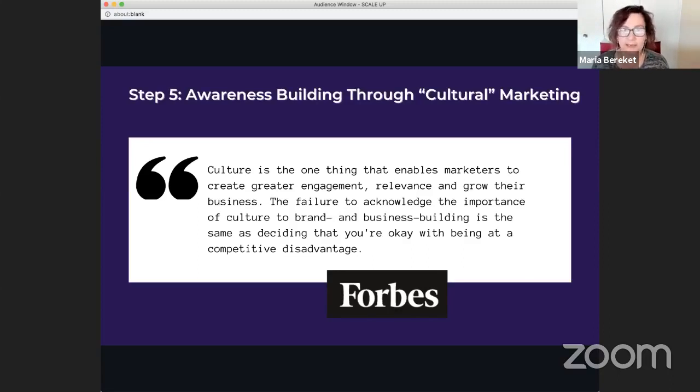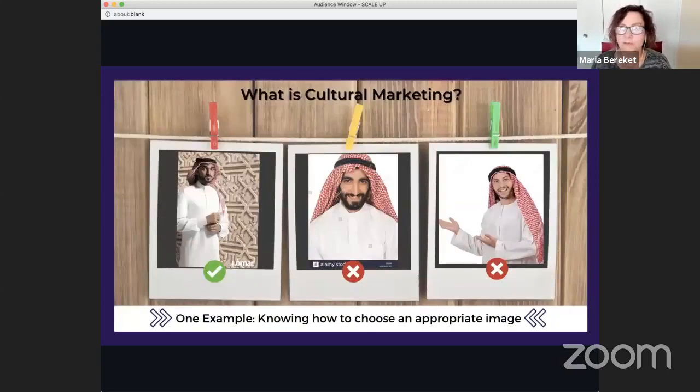So I want to show you an example of common mistakes that we make, right? We go to stock photos and we say, oh, I'm going to offer this course in the Middle East and I need a picture of a man. And we just go in and we pick a picture without really thinking about the culture, the context of the people that you're talking to. And all 3 of these images, they look the same. If you're sitting in Southern California, like I am, I don't know the difference, right?